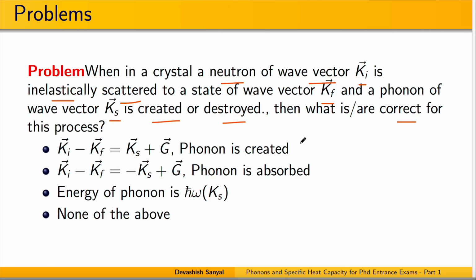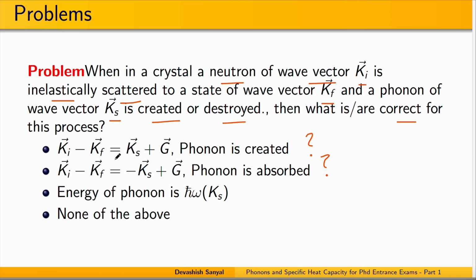There you have given a relation between Ki and Kf. Does it mean a phonon is created here? Then you have given another relation between Ki and Kf. Does it mean a phonon is absorbed here? The energy of the phonon is given by H cross omega Ks, or none of the above.